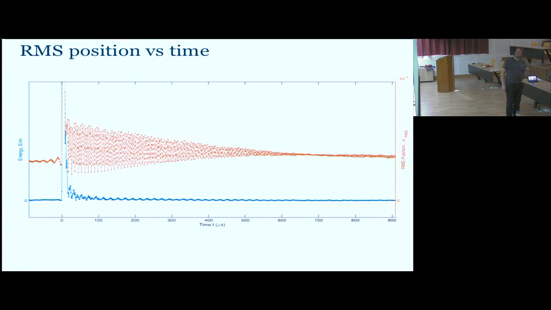If you fit some function to this, you get exactly the same collisional damping factor gamma that you would get from fitting the PSD. So you can also measure the pressure with the decay, the ring down signal, of this oscillation.